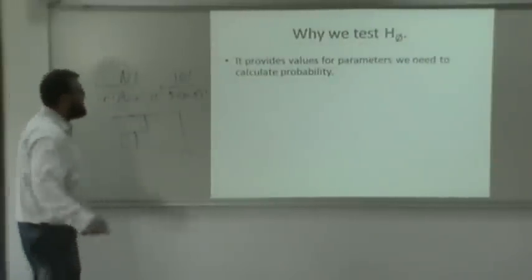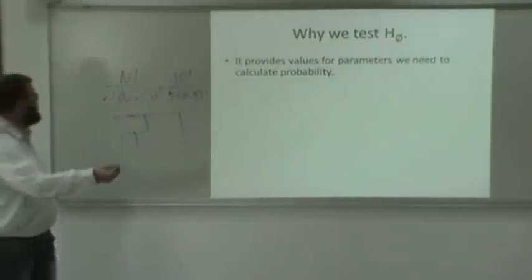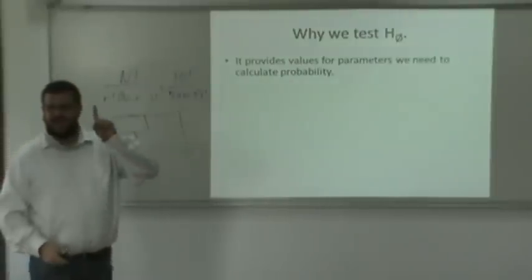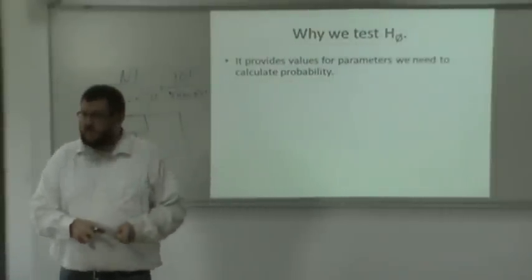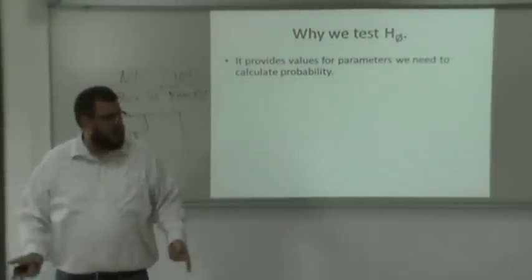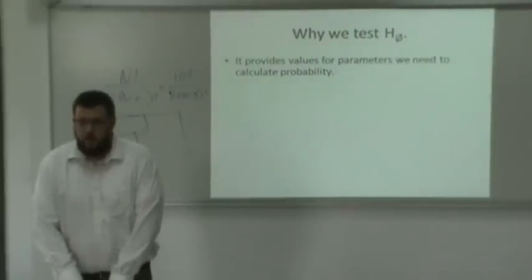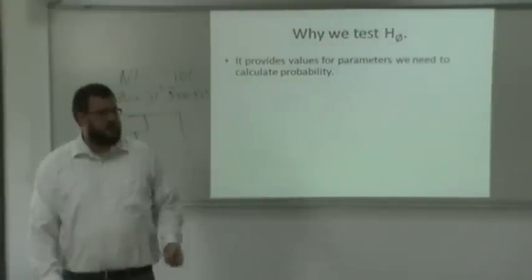Why is this? It's exactly the reason that she said, which is that it provides values for the parameters that we need to calculate the probability, right? In order to calculate the probability, we need the probability of the heads or the tails, if we know one, we know the other, right? So we need one of those probabilities. We need to know how many times we're flipping the coin.